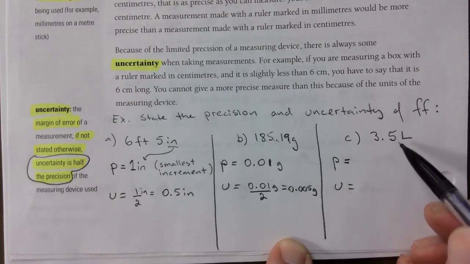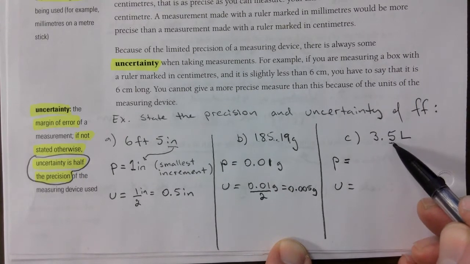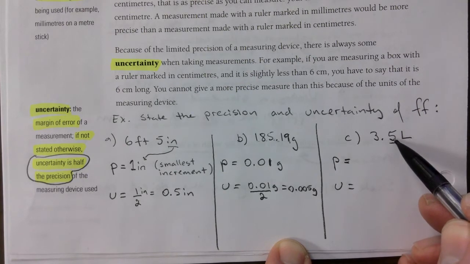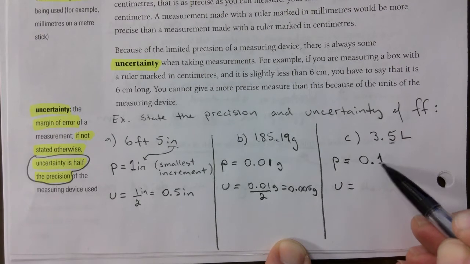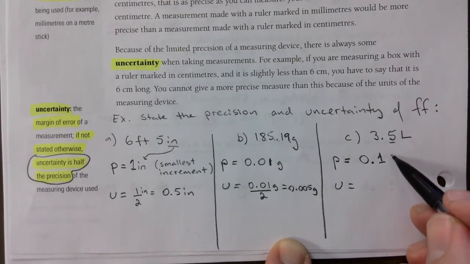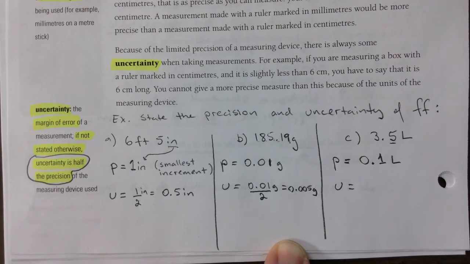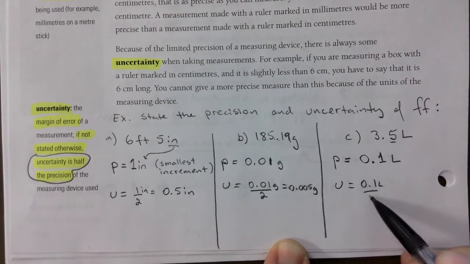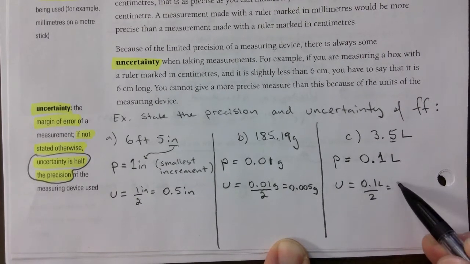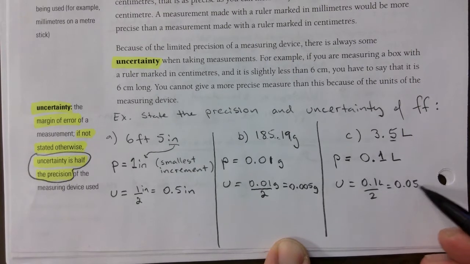My precision here, I look at this measurement, I focus on that. It's 3.5. So that means that this instrument gets me to the nearest 0.1 of a liter. And uncertainty is 0.1 liters divided by 2, which is, I will tell you already, 0.05.